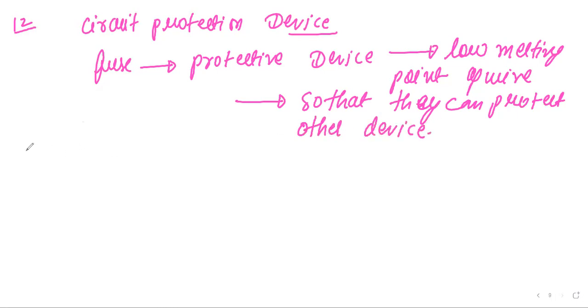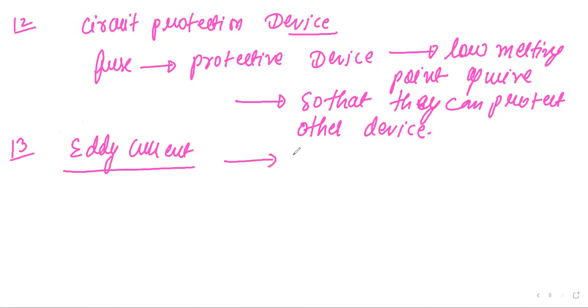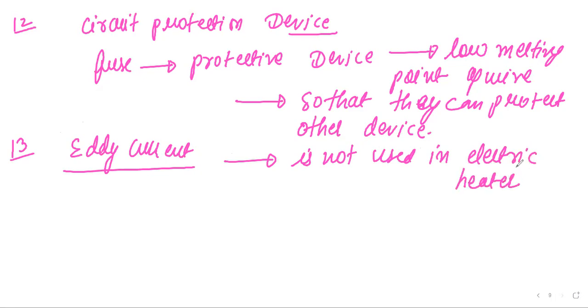So now see the next part, that is 13. In which of the following devices is the eddy current effect not used? So it is talking about eddy current. The eddy current effect is not used in the case of an electric heater. So where it is not used, it is not used in an electric heater, right?